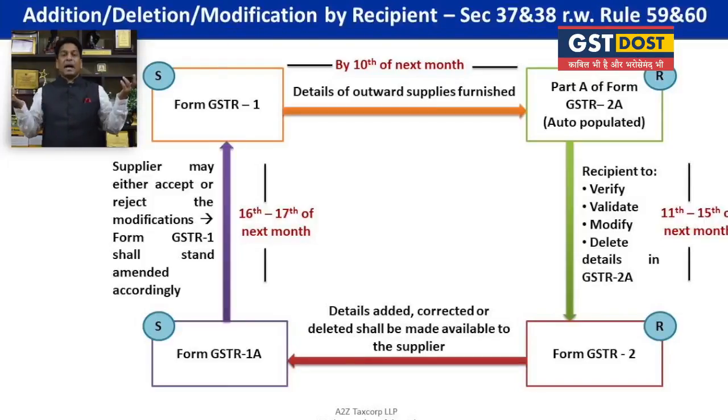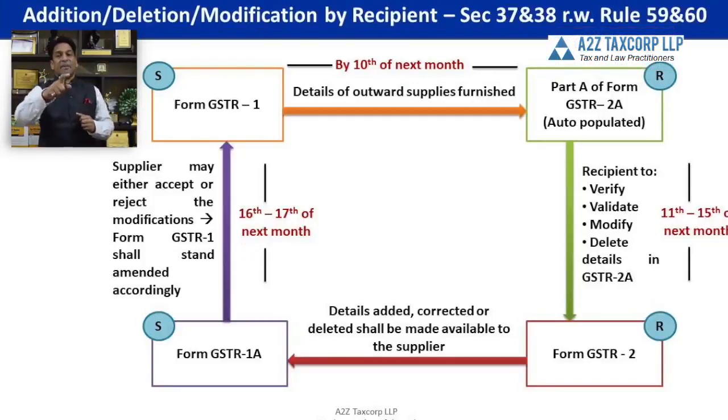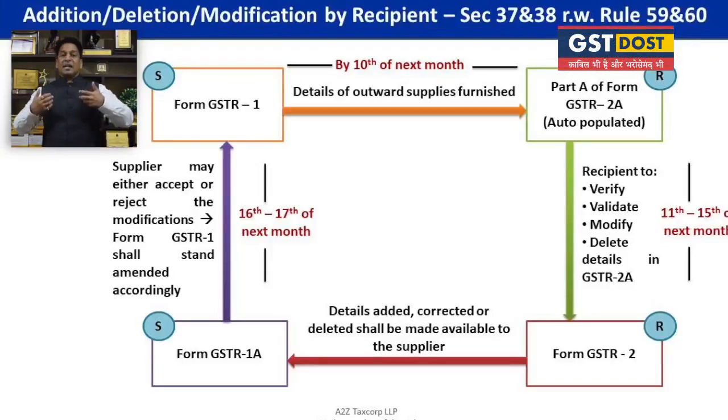In case the supplier does not agree or does not accept, whatever credit is taken by you after add and modification would be called provisional credit, which you can take but within a time period defined in the GST provisions. If it's provisional credit pertaining to the month of January, it should be concluded by the March month.